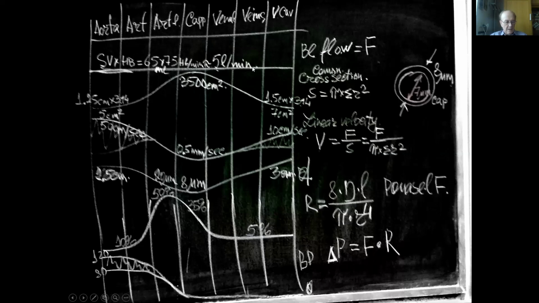This is known as the cardiac output, or in other words, this is the blood flow, and we mark this blood flow with the letter F, flow. It doesn't change, but you should understand that in each vessel, in each capillary, or in each artery, the flow is the same.